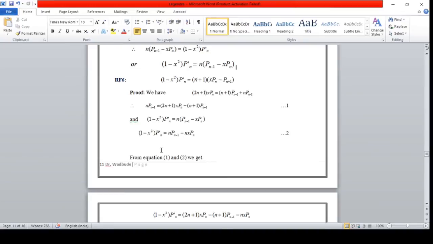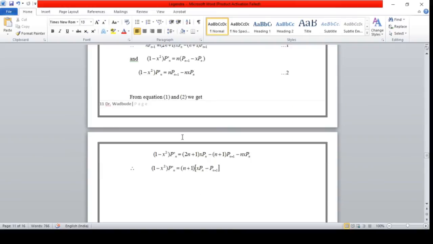And fifth recurrence formula, 1 minus x square P dash n is equal to n Pn minus 1 minus x Pn. Again rearrange, this is 1 minus x square P dash n, Pn minus 1 minus n, substitute the value, so this is n x Pn, equation number 2.